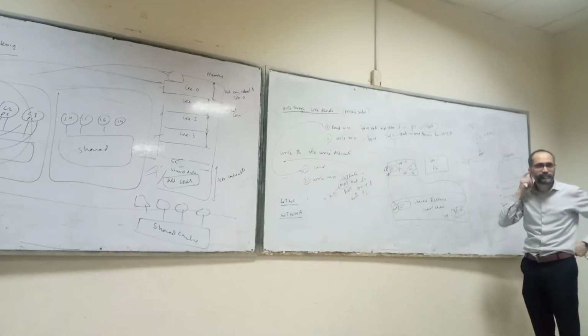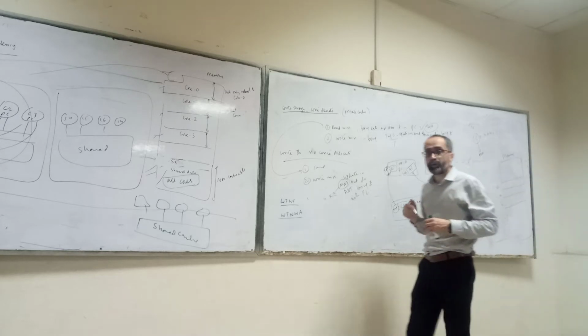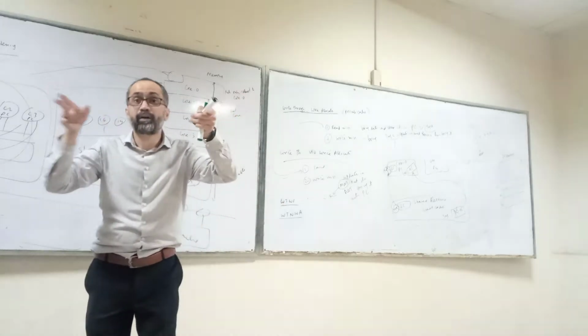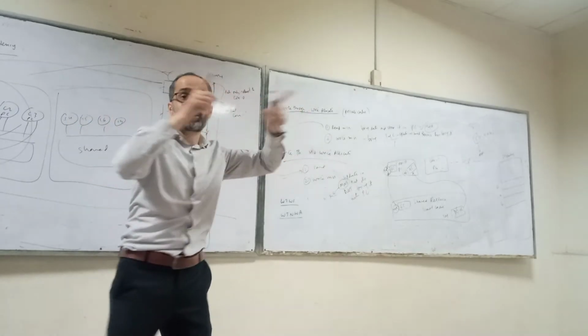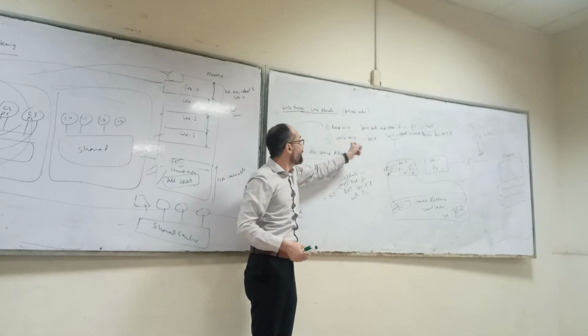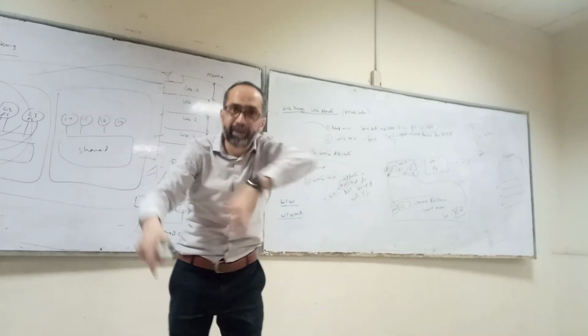What happened in write through when there was a write miss? Look, write through has two variations: write through with write allocate and write through with no write allocate. In write through with write allocate, when there is a write miss, you update the data in the shared resource and then bring it into the cache.